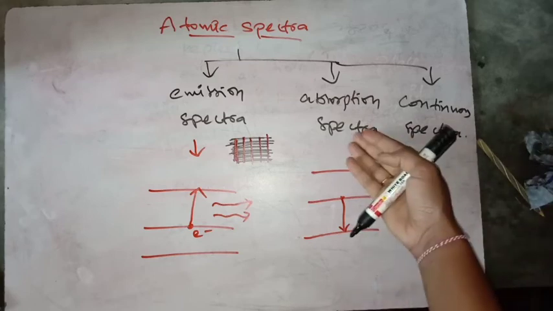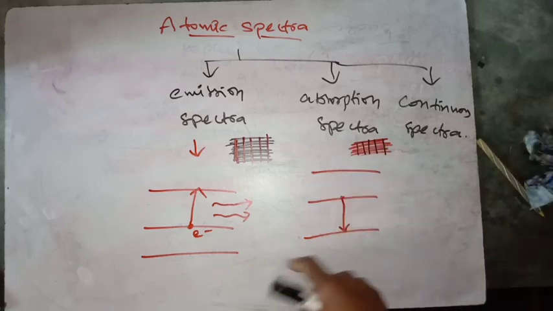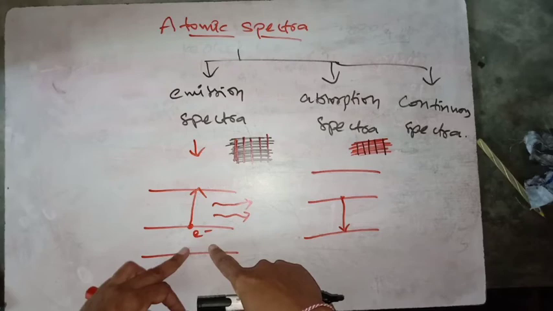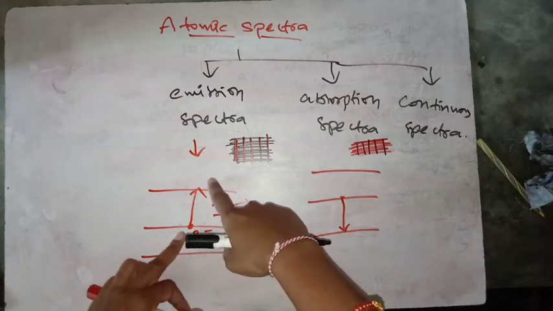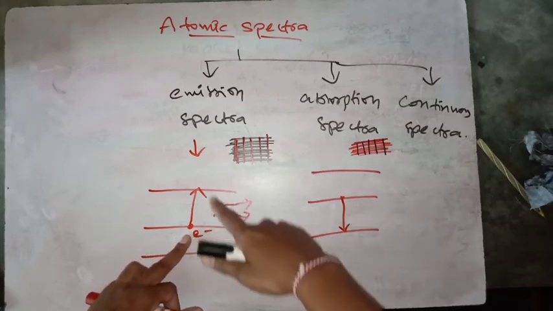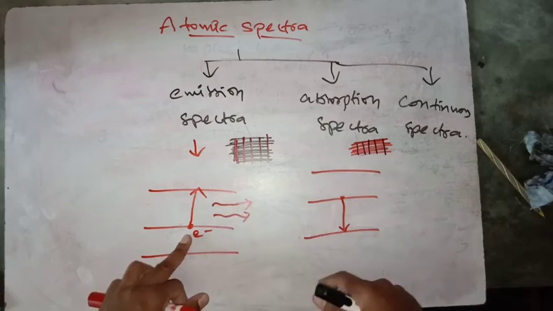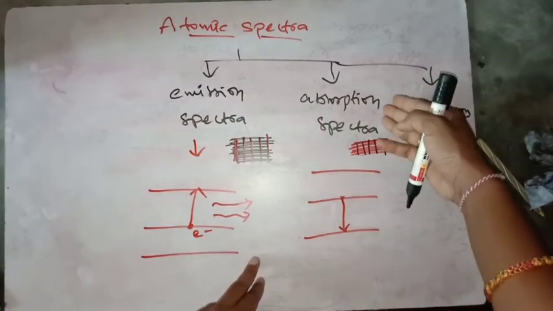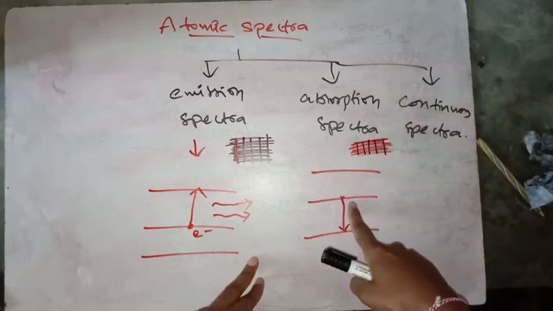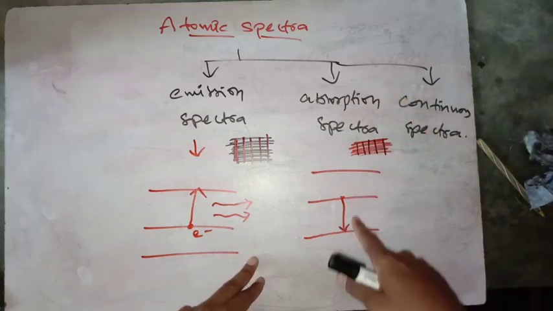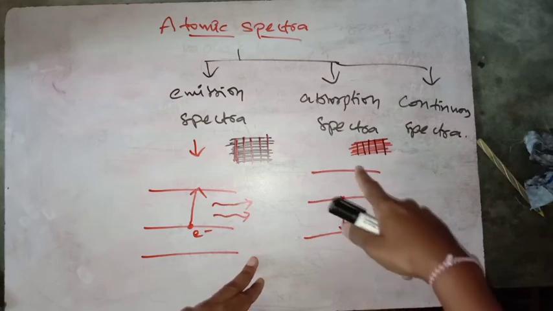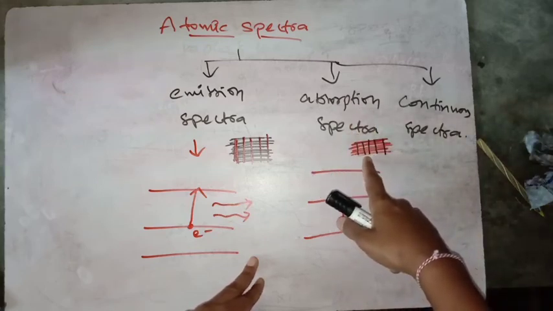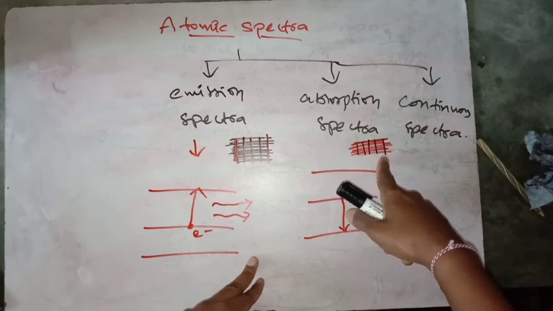Emission spectrum is when an electron transition takes place from ground state to excited states, or lower energy levels to higher energy levels. And absorption spectrum is when an electron transition takes place from higher to lower energy levels, with dark lines on a bright background.